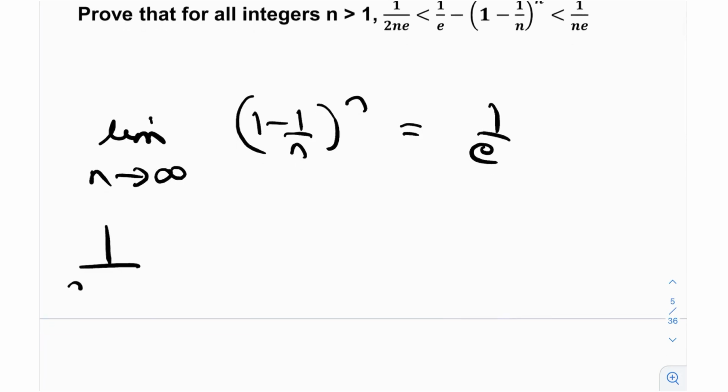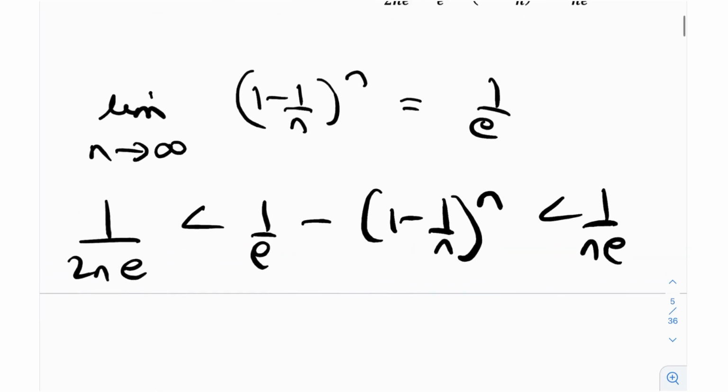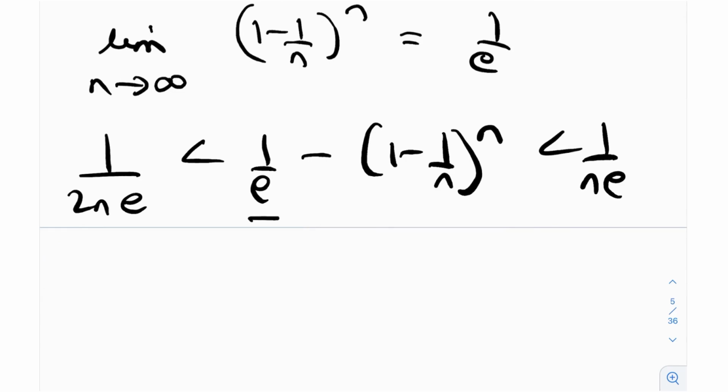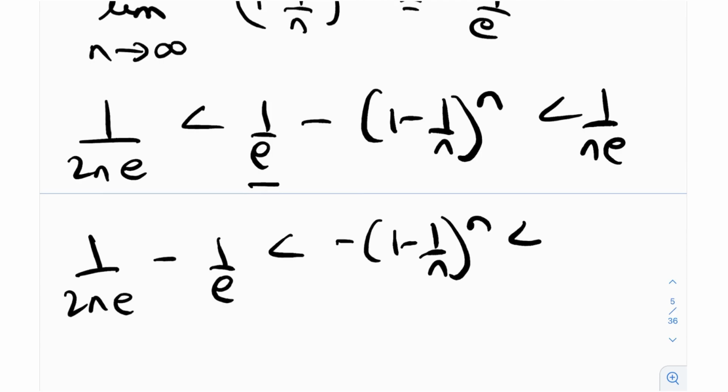So, we have this given inequality, right? This weird looking expression over here. What I'm going to do is right away subtract 1 by e from both sides to remove this term over here. So we will have 1 by 2ne minus 1 by e is less than this quantity over here, and that's less than 1 by ne minus 1 by e.